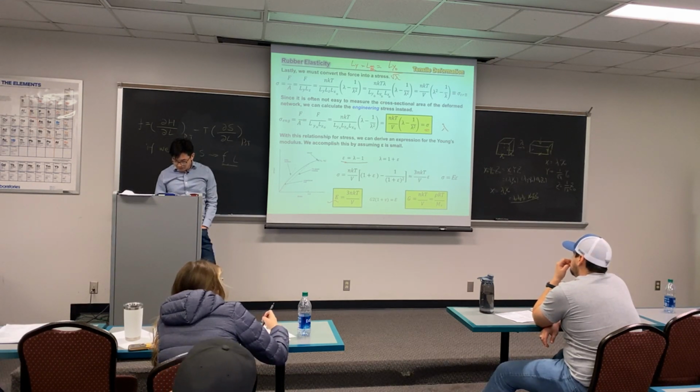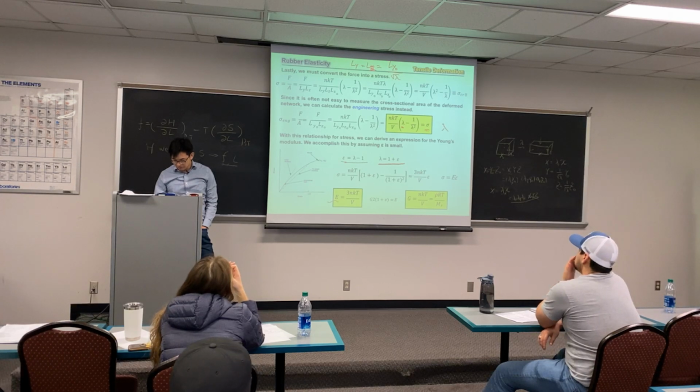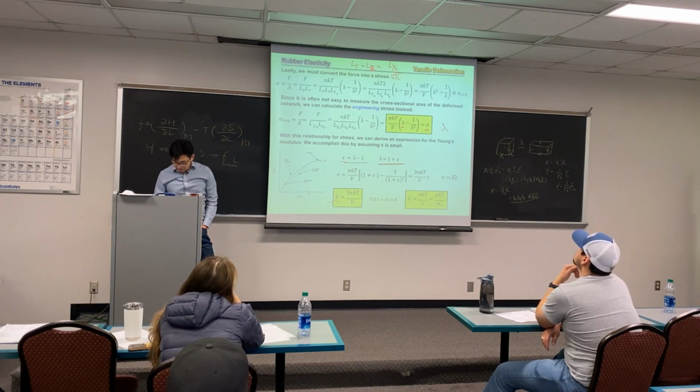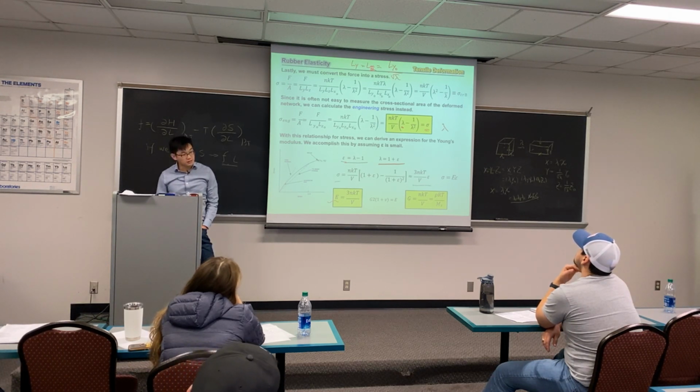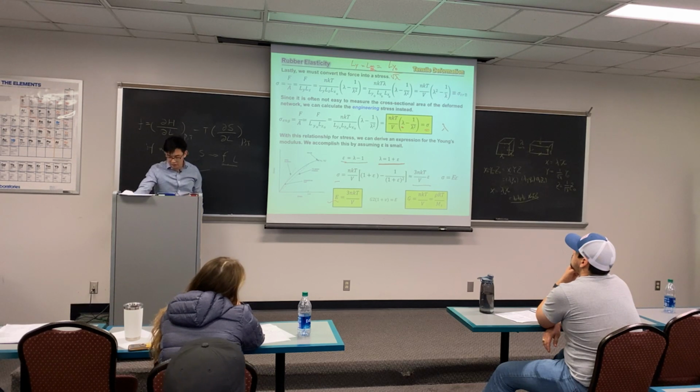You can now replace the lambda using the strain and apply it into the same equation above. You can actually get this relationship. Your stress will be equal to 3nkT divided by V multiplied by degree of strain.